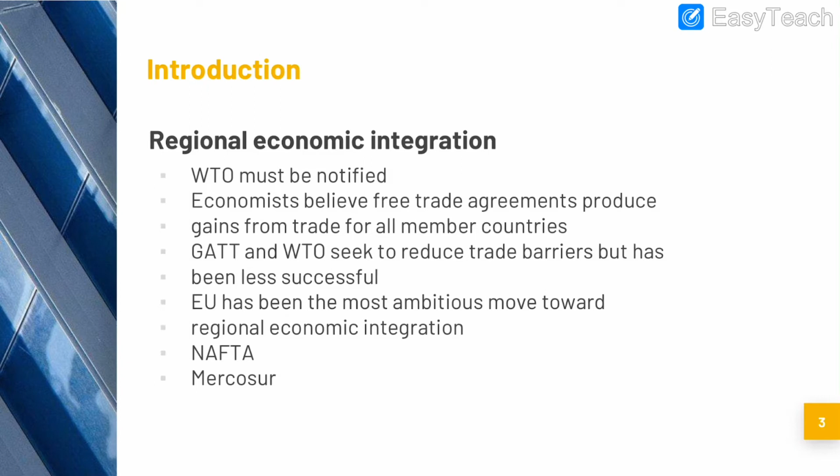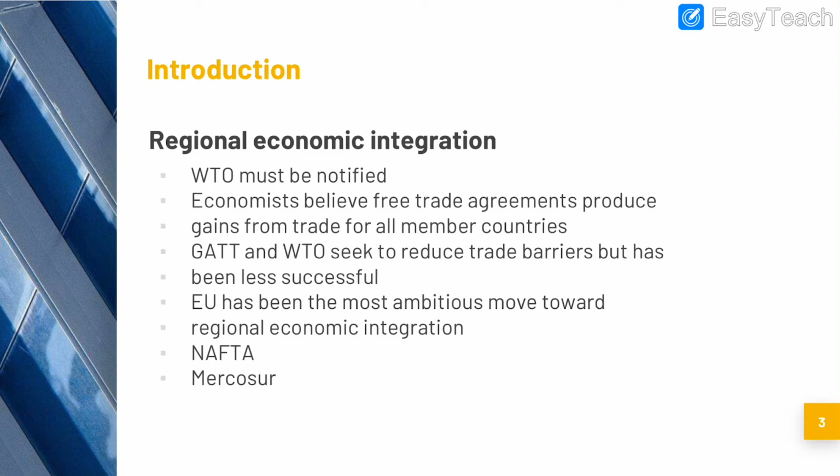All the economists believe that free trade agreements produce gains from trade for all the member countries. So we're going to learn about the European Union, what kind of countries are inside it, and the general agreement. Examples of regional economic integration are the General Agreement on Tariffs and Trade, GATT, and also the WTO, World Trade Organization. They seek to reduce trade barriers but have been less successful.